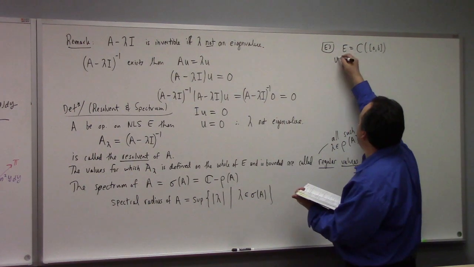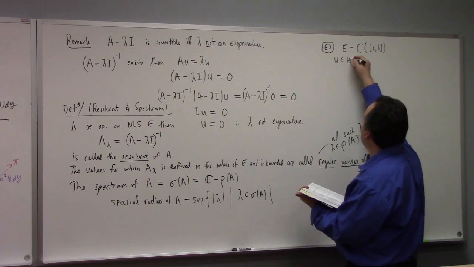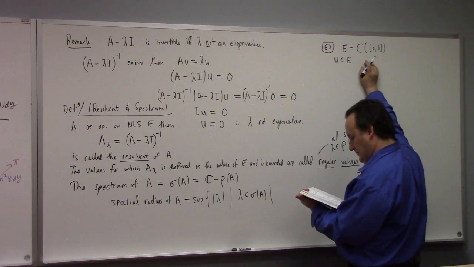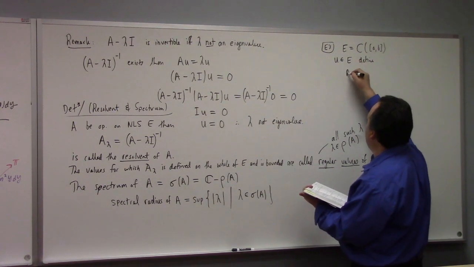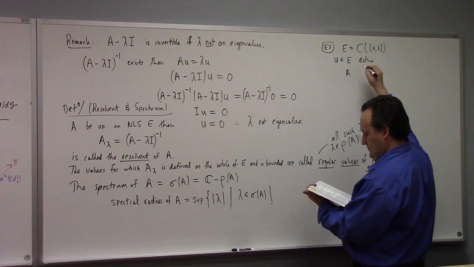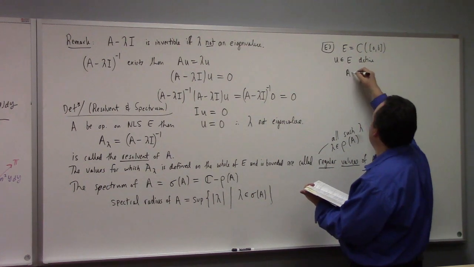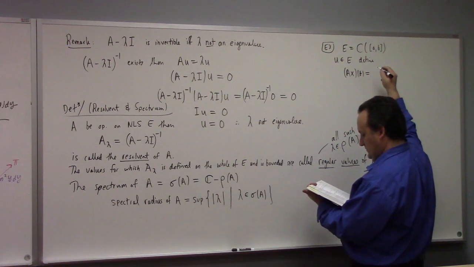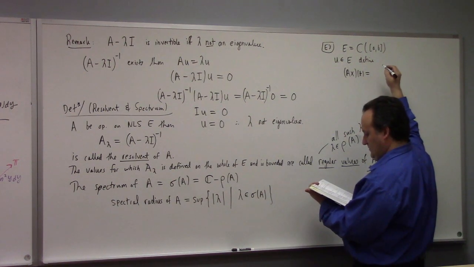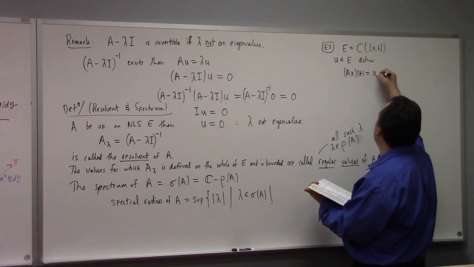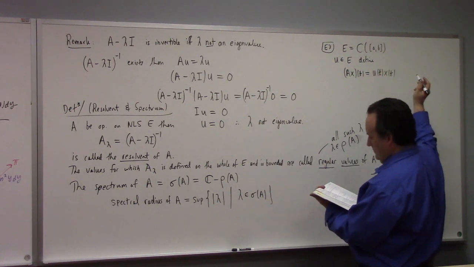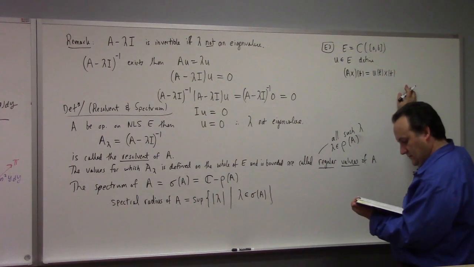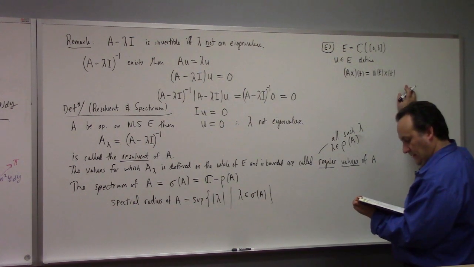And let u be a particular element in there, and define A acting on x at time t to be just multiplication: u of t times x of t. So you pick a function in there and just multiply by that function, okay?